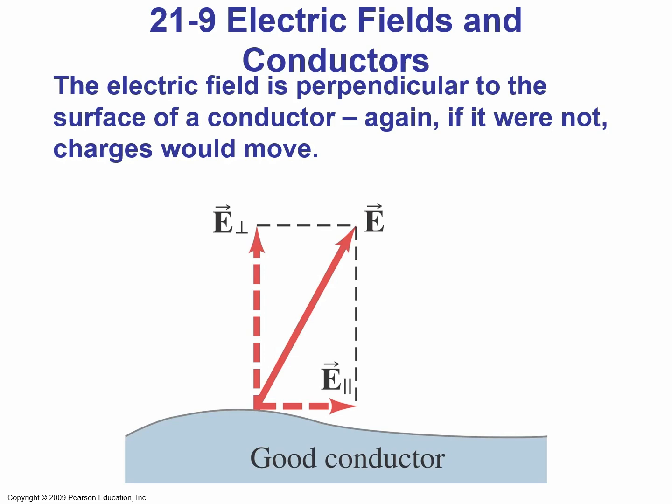Here we have a good conductor, and the electric field is perpendicular to the surface of that conductor. At each point we have a component of the field parallel and perpendicular to the surface, E parallel and E perpendicular. If E parallel is not 0, it would force the charges on the conductor to move, and we don't see that, so we don't have any parallel component of the field, and all the fields are perpendicular to the surface of the conductor.